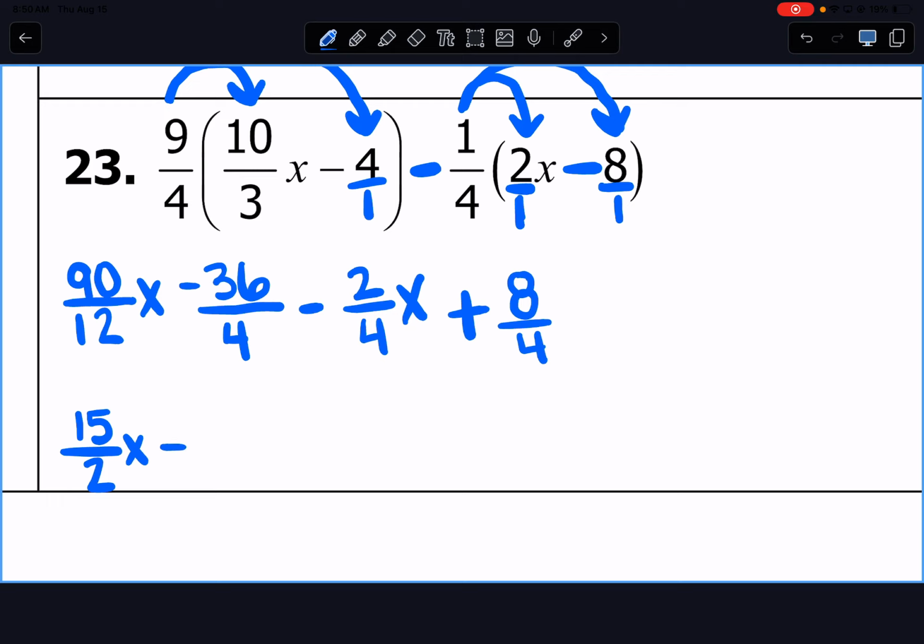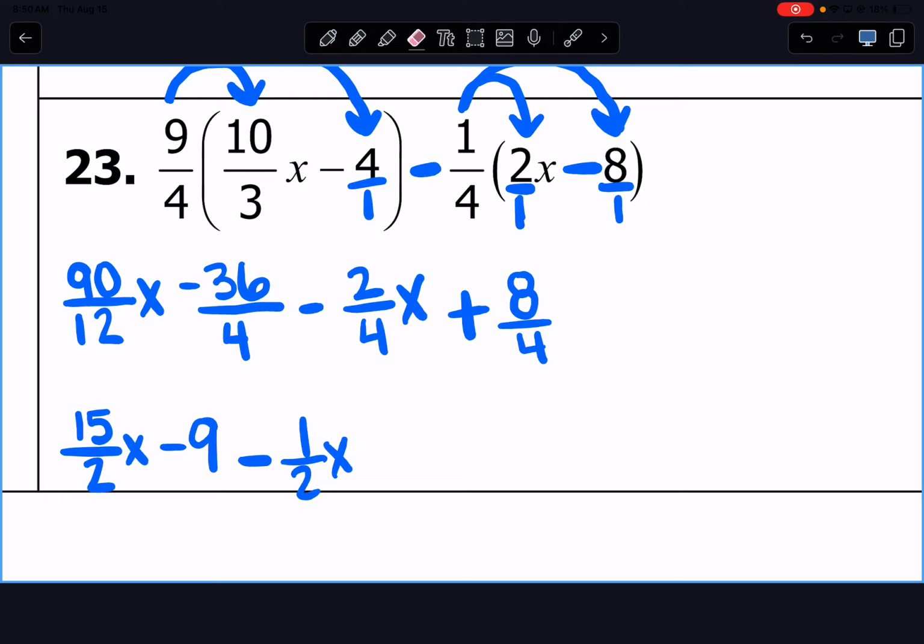It'll be negative. What is 36 divided by 4? I didn't hear you say 9. Now I have a negative. What does 2/4 simplify to? 1/2. So we get 1/2 x.